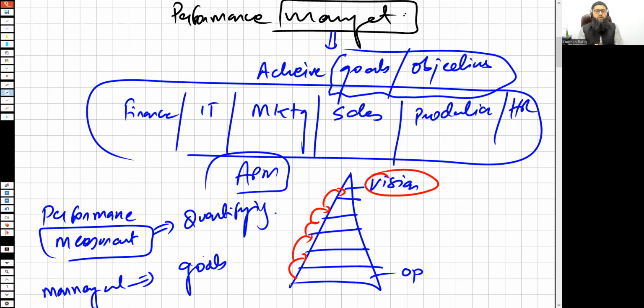How are they linked? Basically, what gets measured gets done. What do you mean by this? Let's say, for example, I measure the profitability of your company. If the profitability is going down, that would be an indicator that we need to fix a few things.